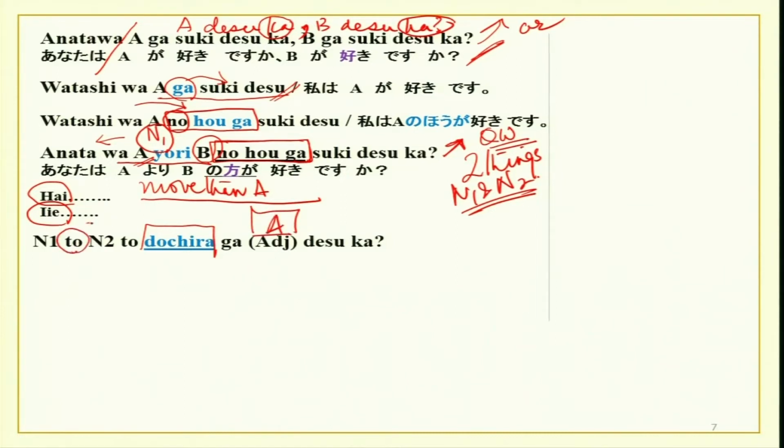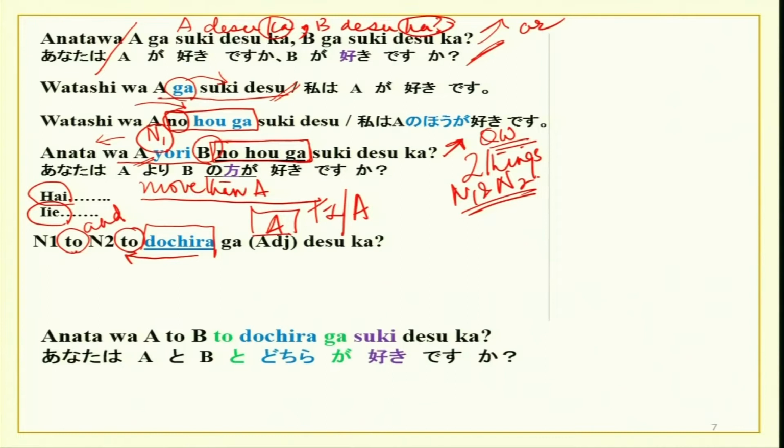This to over here is used, and before dochira, to will always be used. A to, B to, dochira ga, whatever the adjective, it could be any na adjective or i adjective. So, Anata wa A to B to dochira ga suki desu ka?